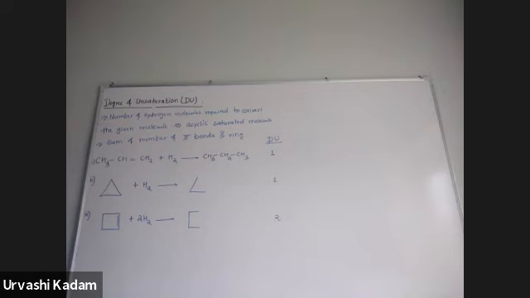So you can have degree of unsaturation equal to (2n plus 2 minus number of monovalent atoms) upon 2.